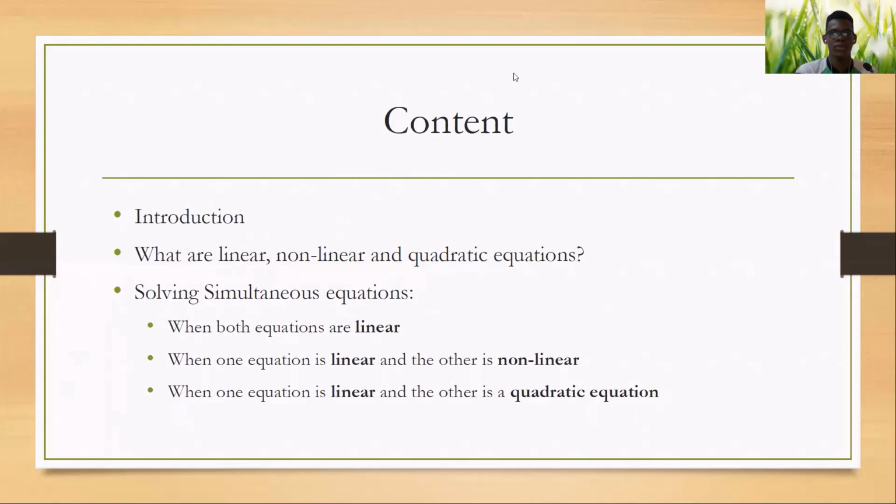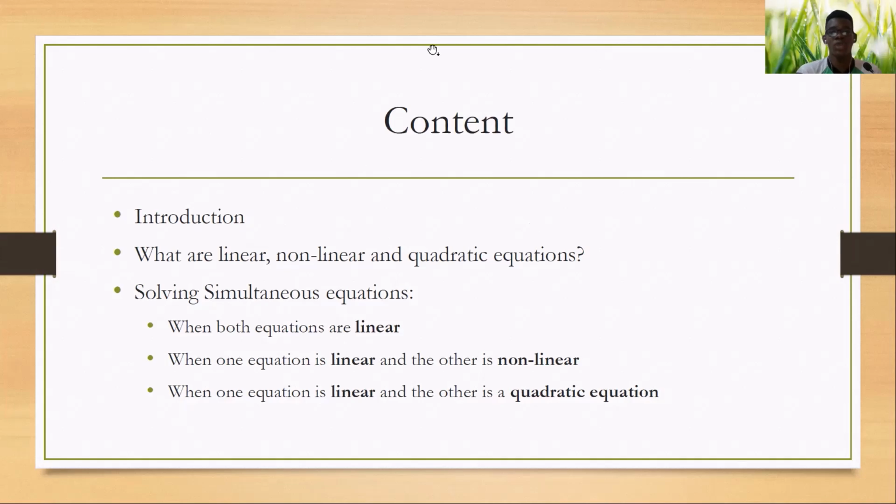There are different types of equations, and you no doubt should have known this already. The three broad categories that they fall under are linear, nonlinear, and quadratic. So a lot of introductory stuff this session before we actually get into solving simultaneous equations.